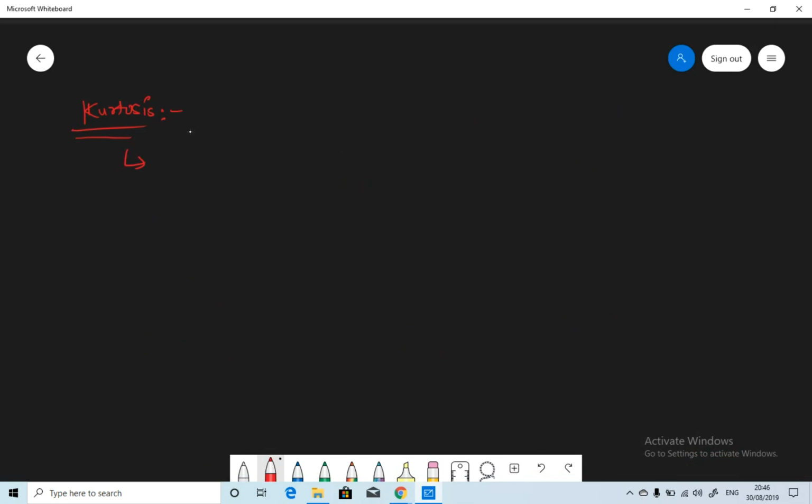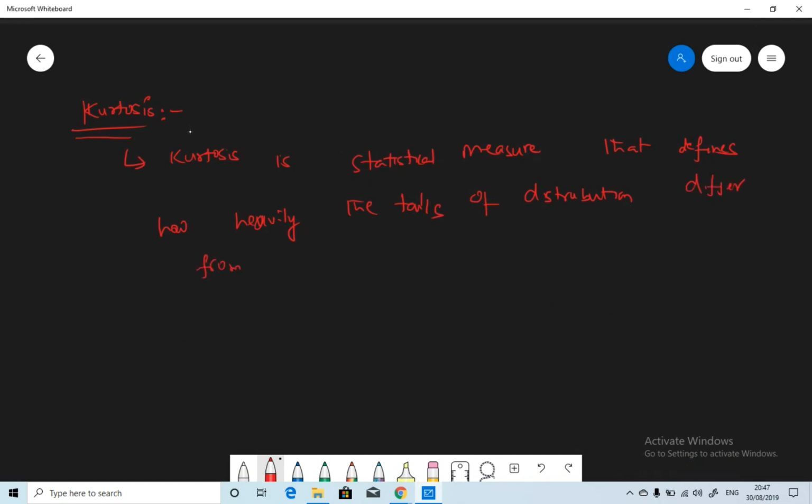Guys, does it make sense? Write down: kurtosis is a statistical measure that defines how heavily the tails of a distribution differ from the tails of a normal distribution.